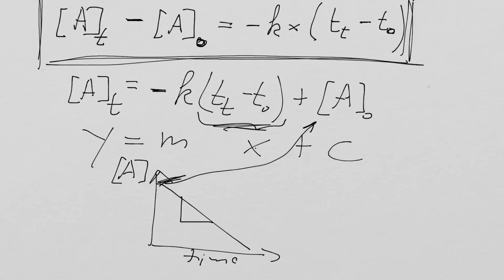And what's my gradient? Gradient is minus k. Bear in mind, k itself is always positive. k cannot be negative.